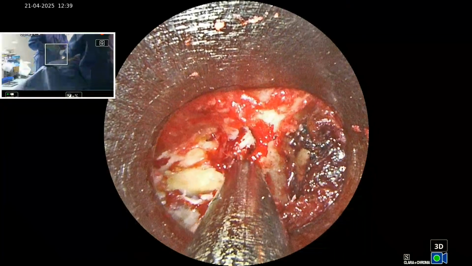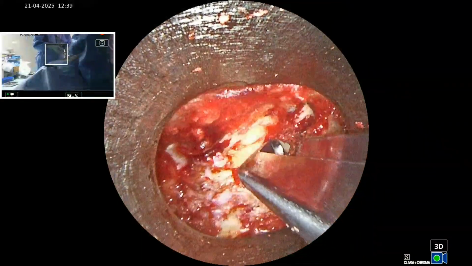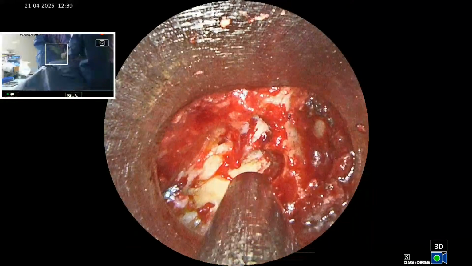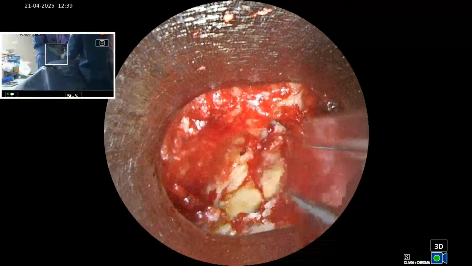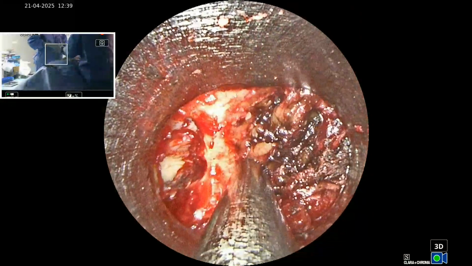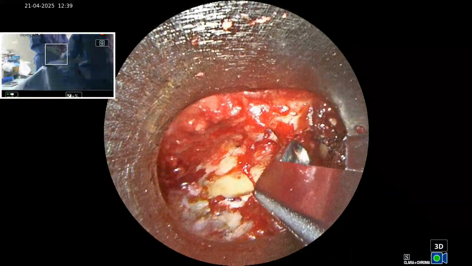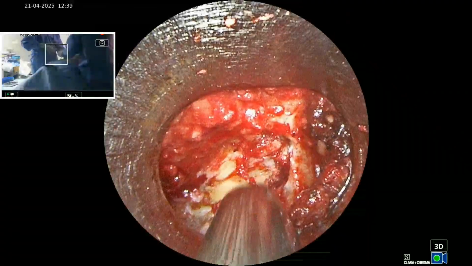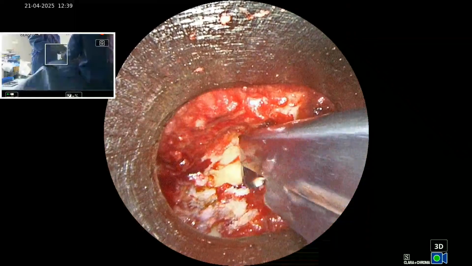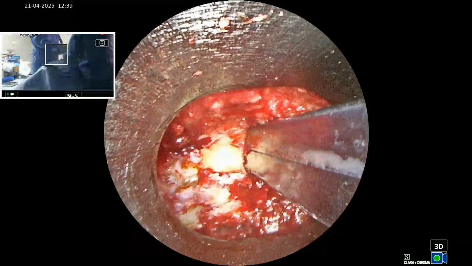A 66-year-old male complains of severe pain for 4 years, right more than left. Claudication distance is limited to home, and standing time is 5 minutes; more than 5 minutes he is not able to stand. Severe pain, claudication, scoliosis, bladder and bowel involvement is not there at present.